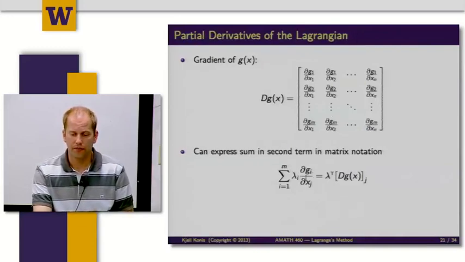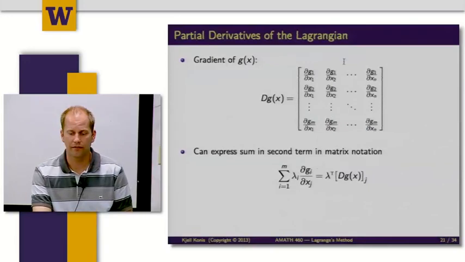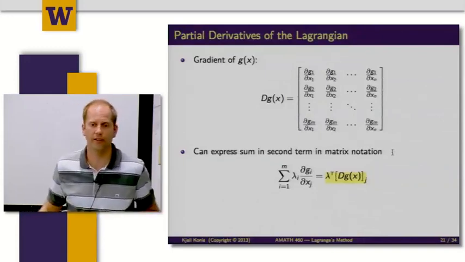So this sum is just going to be equal to lambda times the second column of this matrix. That's what I mean when I say matrix sub j: I mean the jth column. So if I put a little 2 down here, I'd be talking about the column vector that's the second column of this matrix. And I can write this sum then as lambda transpose times that specific jth column of this matrix. That's going to make my notation a little bit easier to handle.